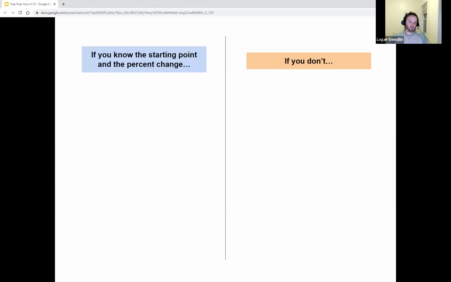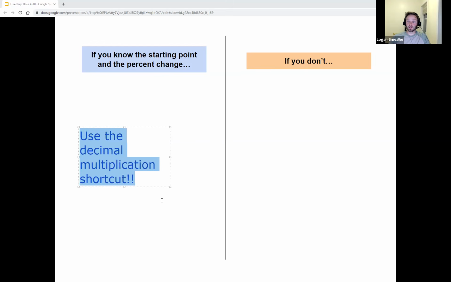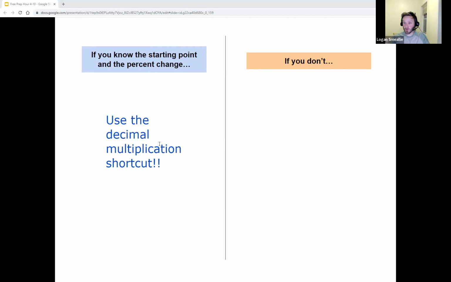After just crystallizing what I've pointed out so far, my advice as you're getting better at these is use the decimal multiplication shortcut if you know the starting point and you know the percent change.